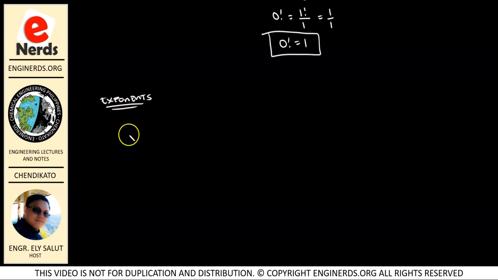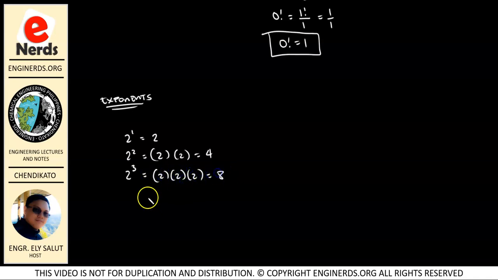So, let's say we have 2 with an exponent of 1, we know that this is equal to 2, right? 2 with an exponent of 2, this is equal to 2 times 2, which is equal to 4. Then we have 2 with an exponent of 3, this is equal to 2 times 2 times 2, and this is equal to 8.